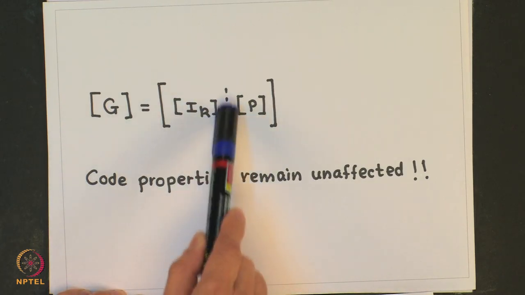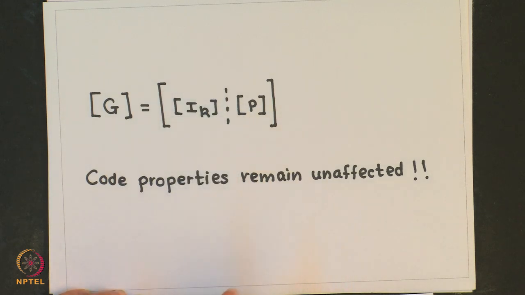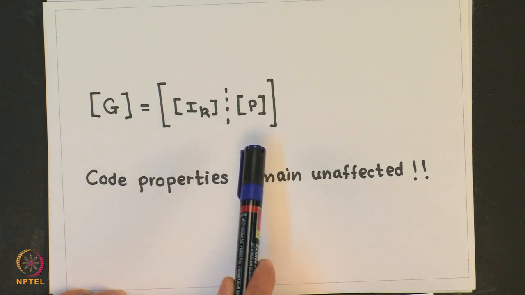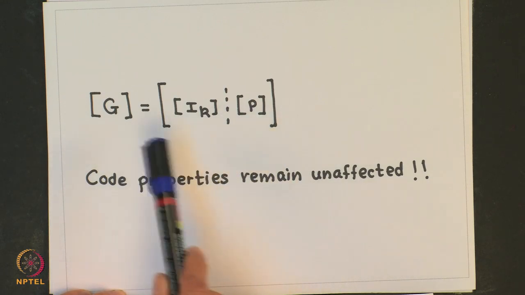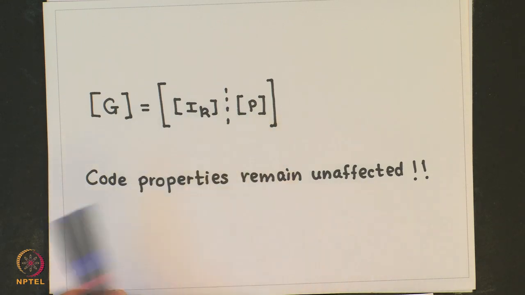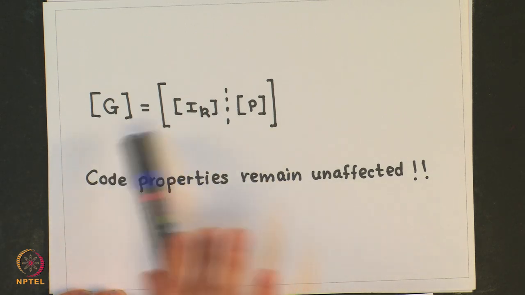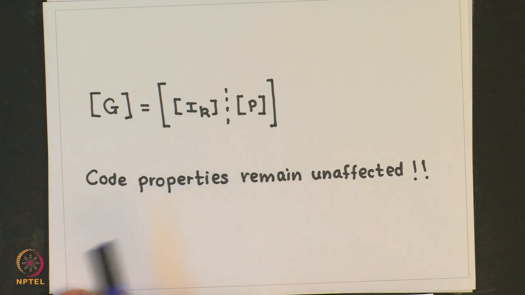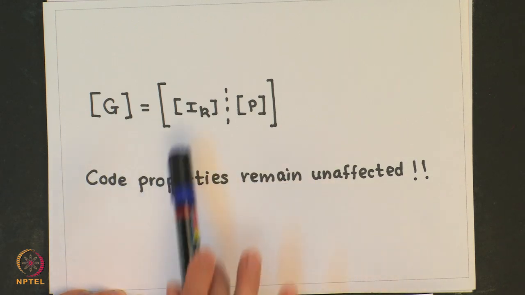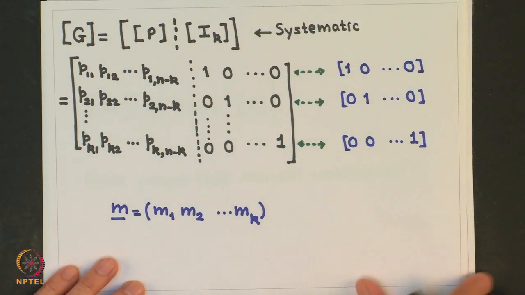Now, in this case, the first k elements of a code word will be exactly matched with the k elements of the corresponding message vector. Otherwise, the code properties remain unaffected. So, as far as our discussion is concerned, we will consider our generator matrix to be of this form.